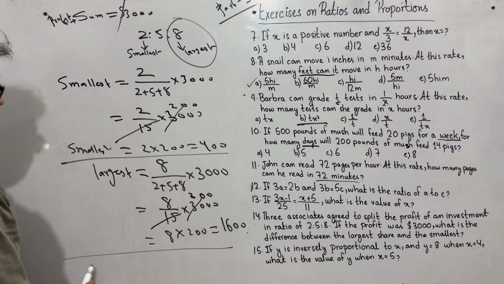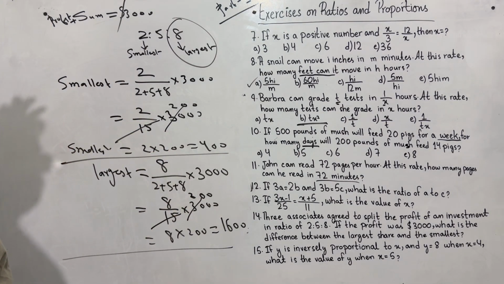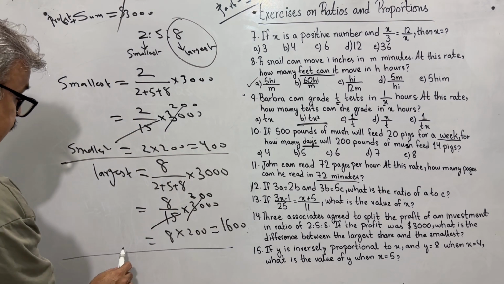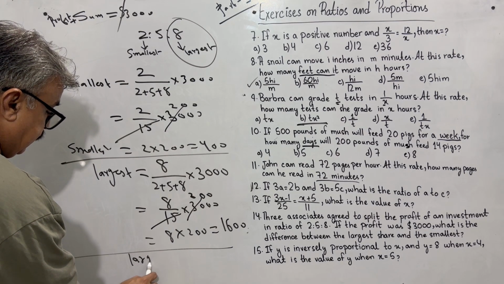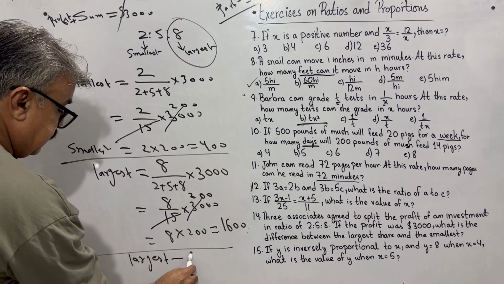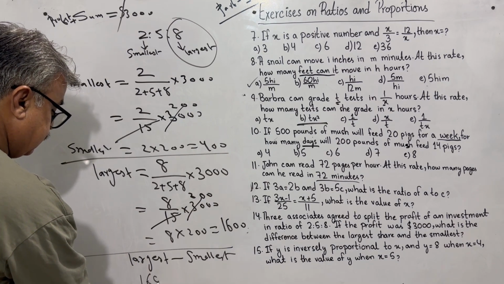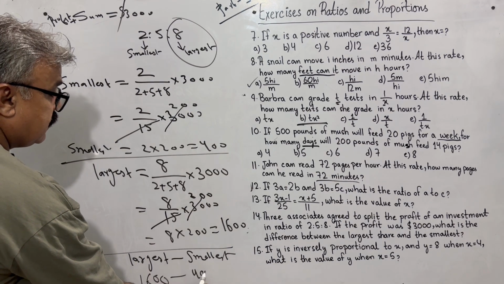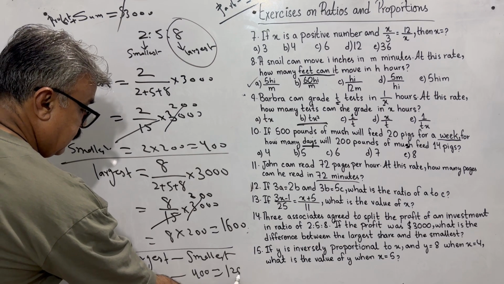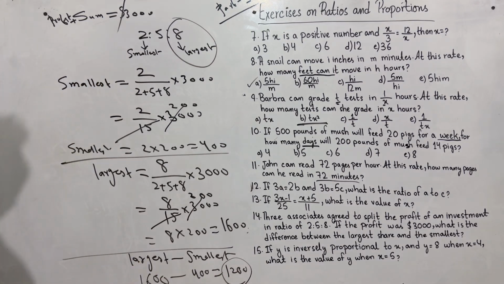We are asked to find the largest minus the smallest. Largest is $1600, smallest is $400. So $1200 is the difference of largest and smallest.